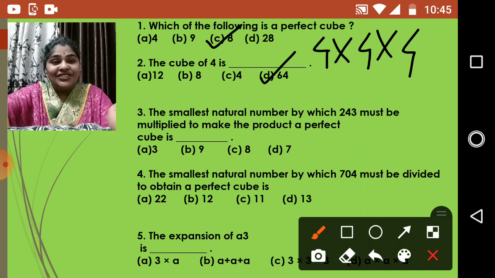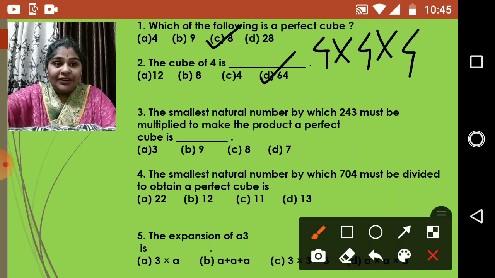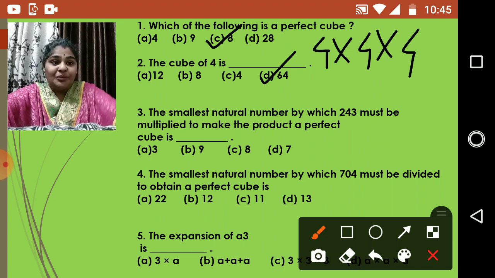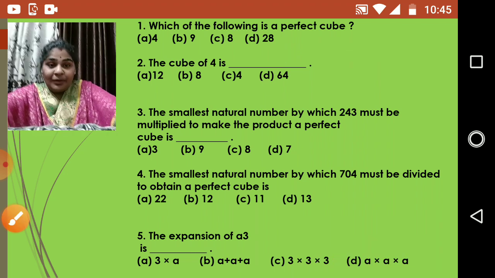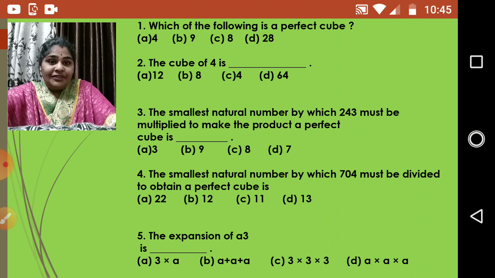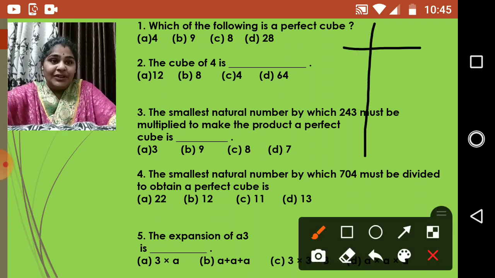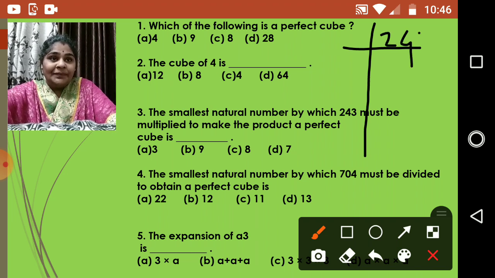Next, the smallest natural number by which 243 must be multiplied to make the product a perfect cube. Now we have learned the prime factorization method, right? So let me do it here. I am going to prime factorize the number 243.